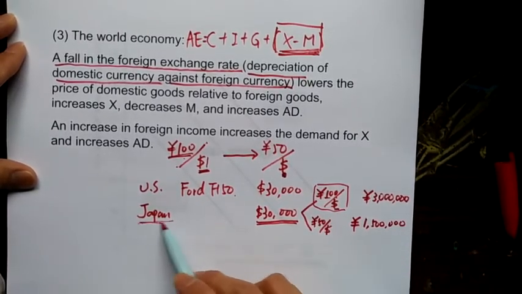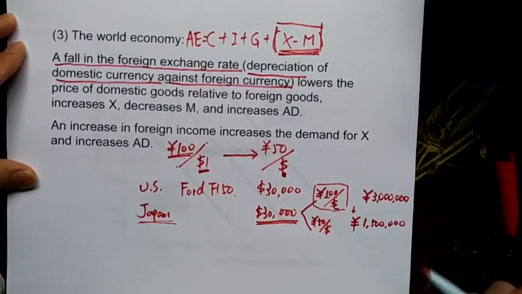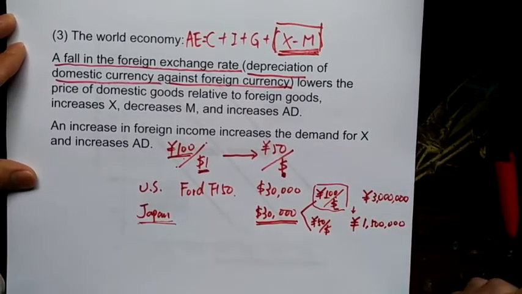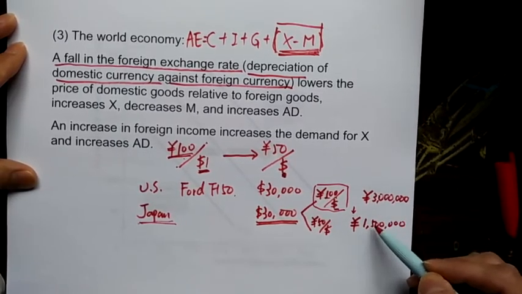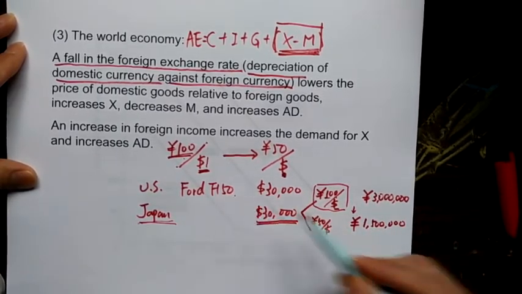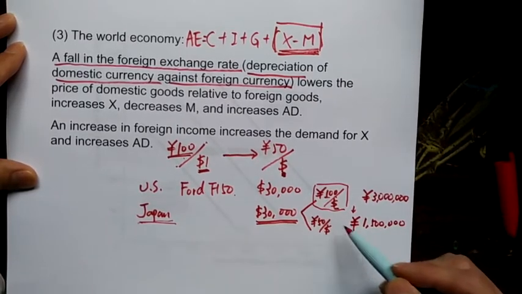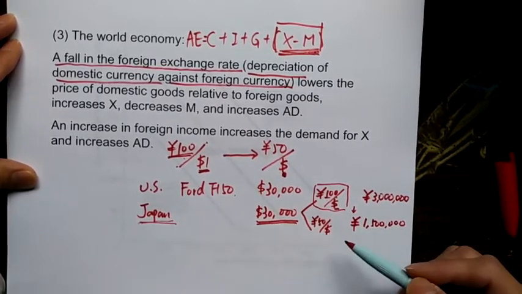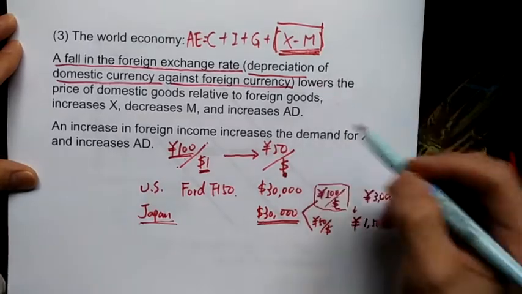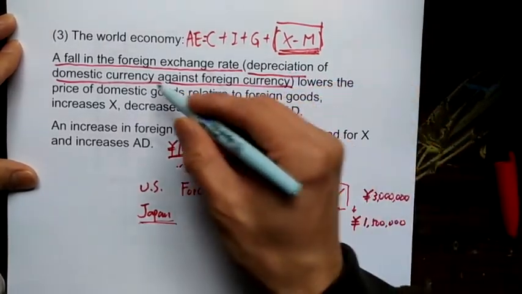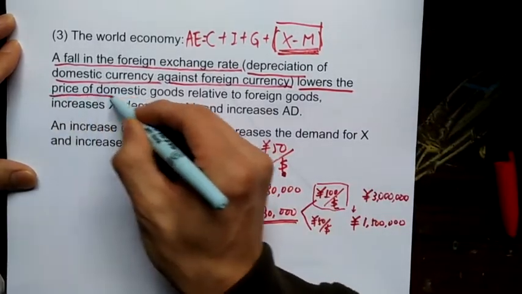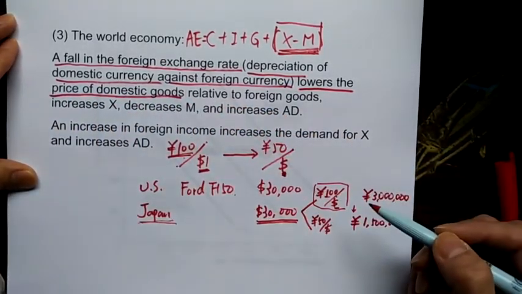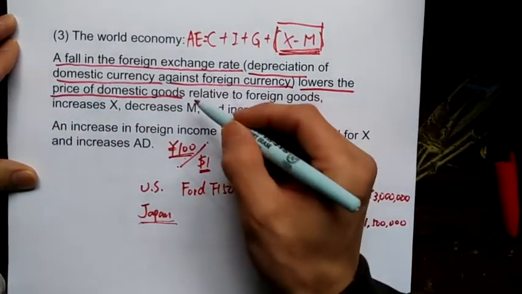Is this Japanese buyer happy because of this? The answer is yes. It's cheaper to buy the F-150 from the United States now for the Japanese. Therefore, the depreciation of the dollar lowers the price of the F-150 in Japan.